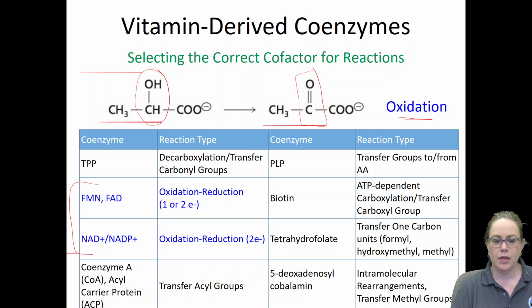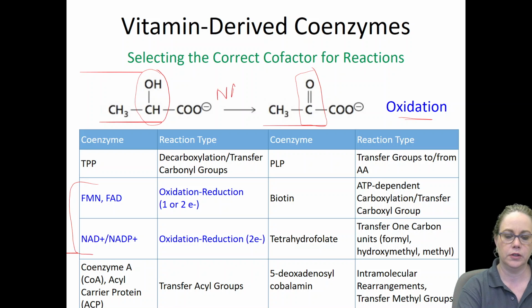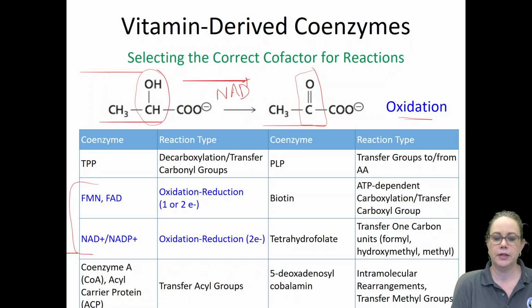This is a 2-electron transfer, so any of those 4 coenzymes would be acceptable. You'd likely just be given 1 or 2 correct responses. Since we're going in the oxidation direction, we'll just point this out. The correct coenzyme would be NAD+.